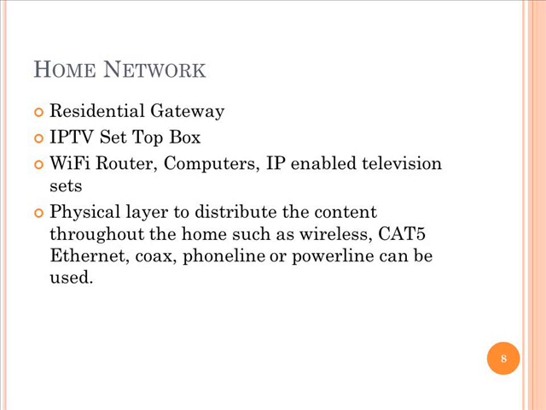The residential gateway is a combination of a broadband modem and the cable router. So generally, one of these service providers that we discussed in the previous slide, the access slide, will give you one of these boxes to install in your home, or a technician will come and install it for you. That's considered a residential gateway.